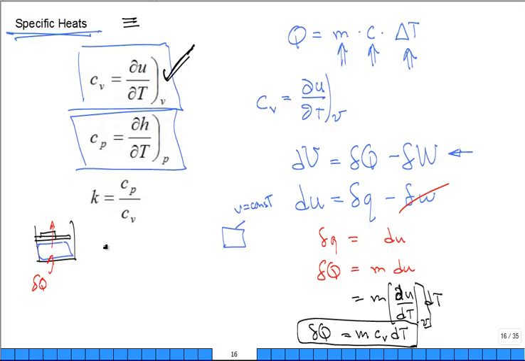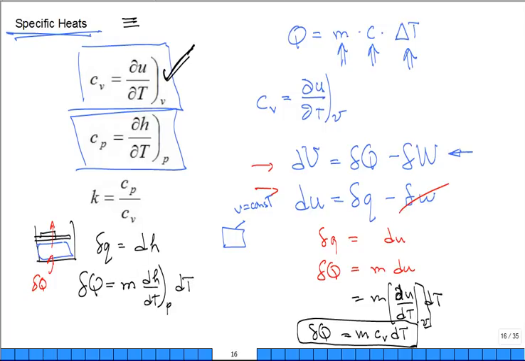So our first law comes down to delta Q equal to dH, the change in enthalpy. The amount of heat transfer in is equal to the mass times dH/dT, holding pressure constant, because that's a constant pressure process, times dT.